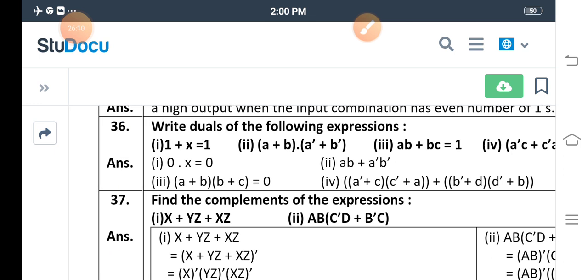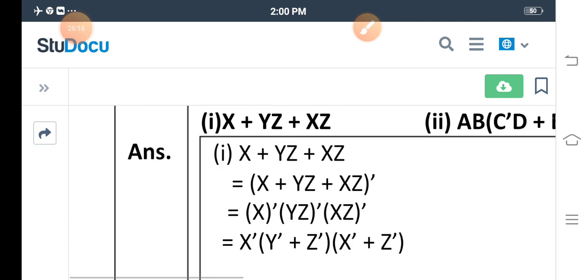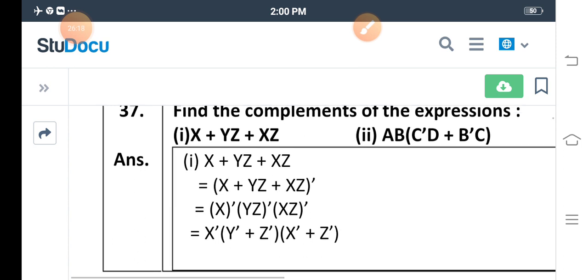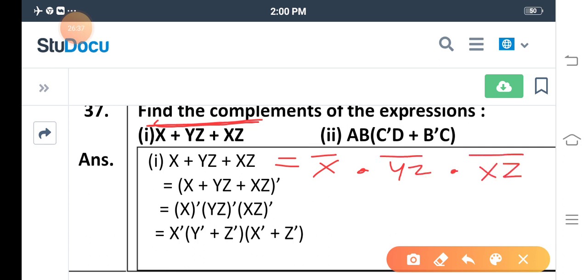Okay, now 37th is find the complement of the expression. One part I am doing here and one part homework again. So 37, let me do it. Find the complement. Yes, so complement means negation, यानी कि inversion. तो इसका complement करोगे, so what will happen here? So it will be like x bar plus, dot, yz bar plus, dot, xz bar, right?